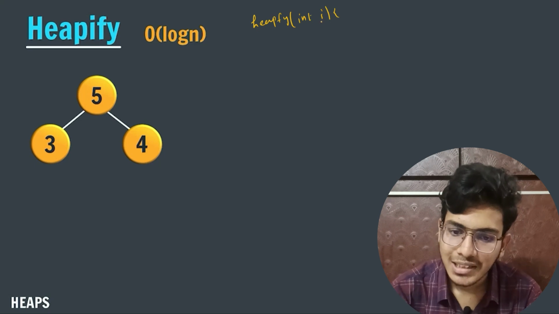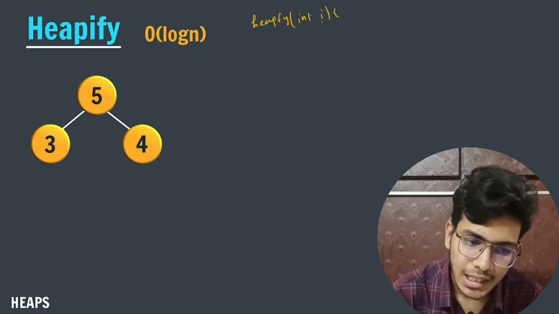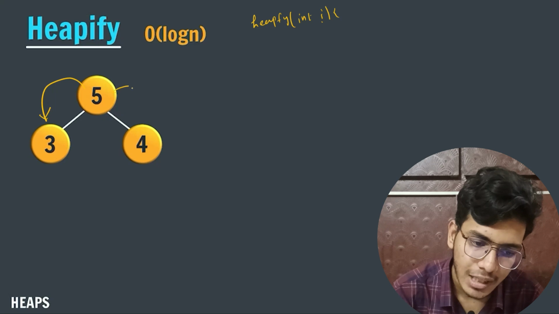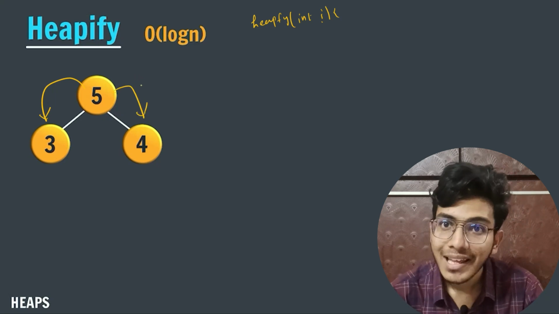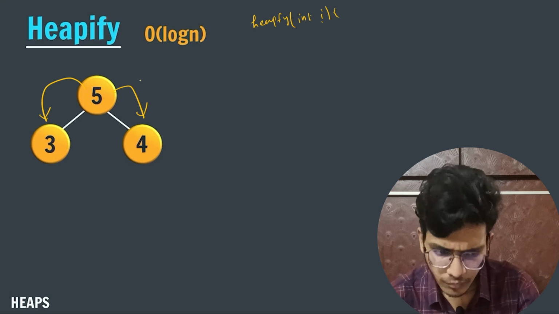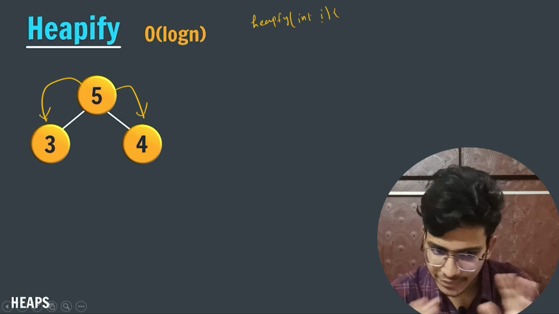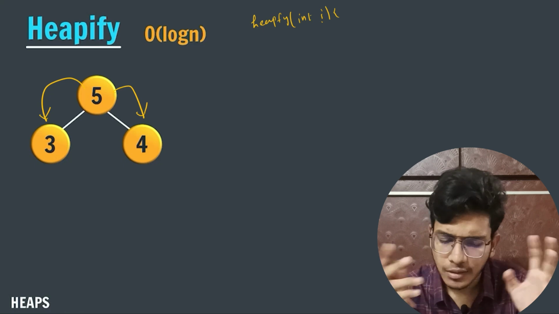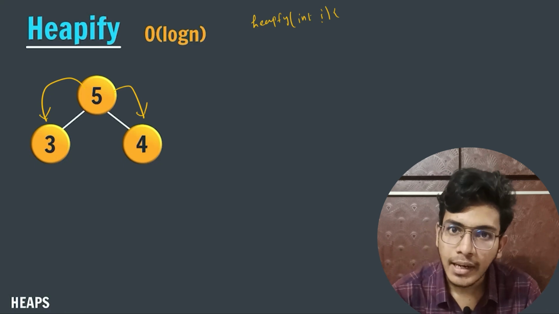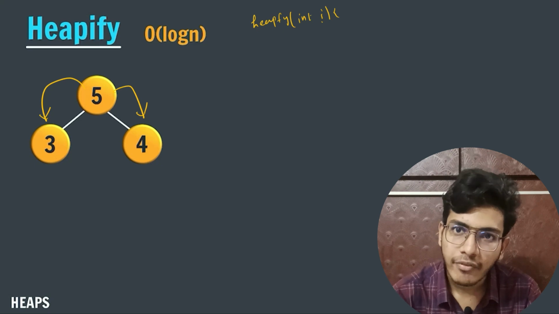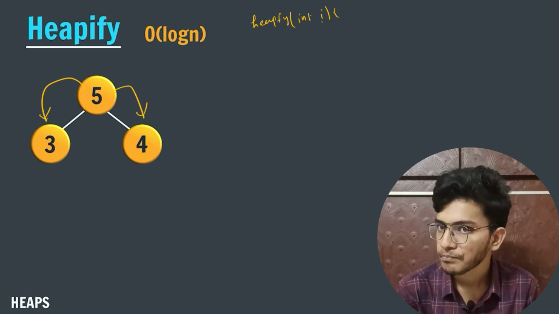Now what this heapify function will do is check the corresponding left and right child indexes. If the left or right child has a minimum value, then we will swap that minimum value with my root node.